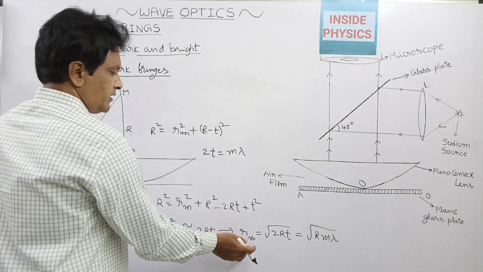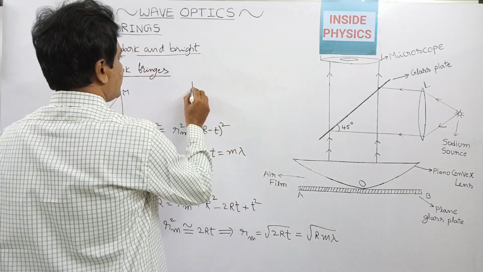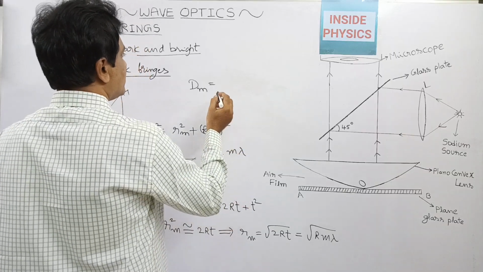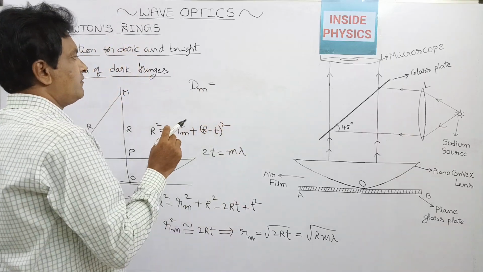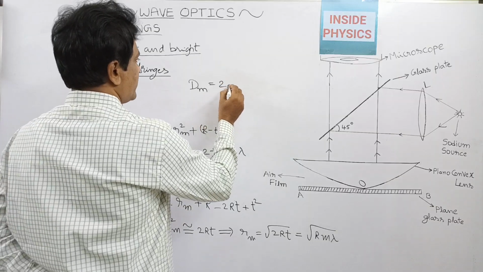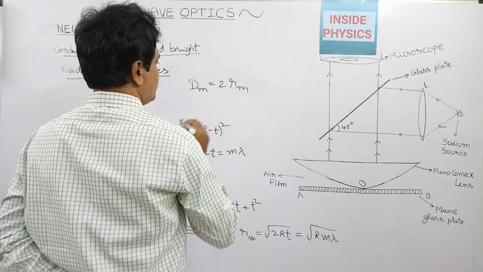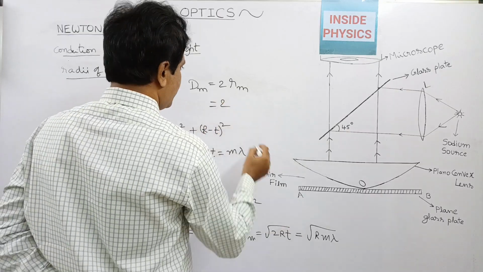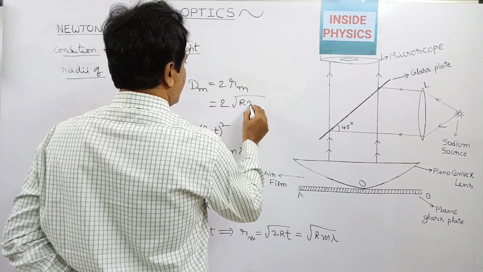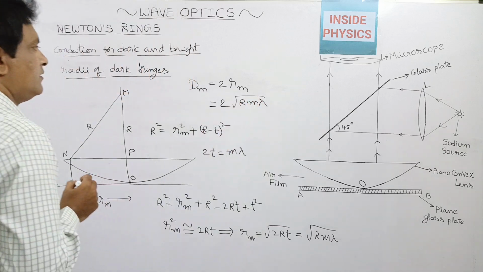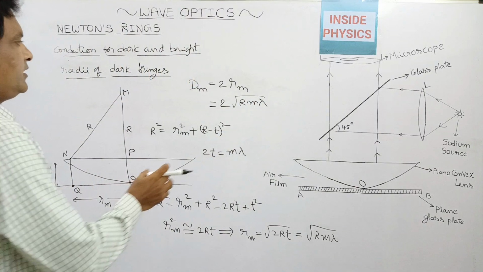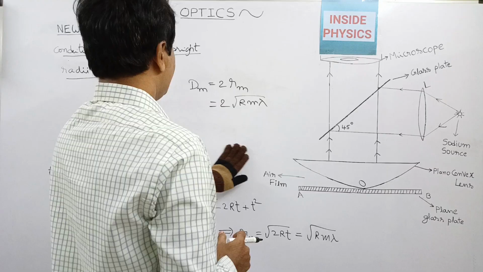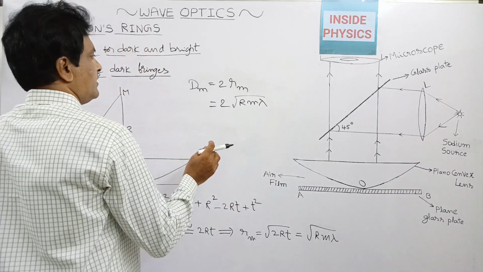So with the radius we can calculate the diameter of the mth ring, that is, diameter is always double the radius, so we can take it as Dm equals 2Rm. In this way, Dm is nothing but 2 root of R m lambda. So from this formula we can calculate the radius of curvature of a given plano convex lens.